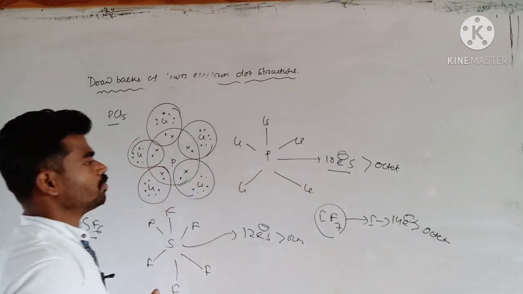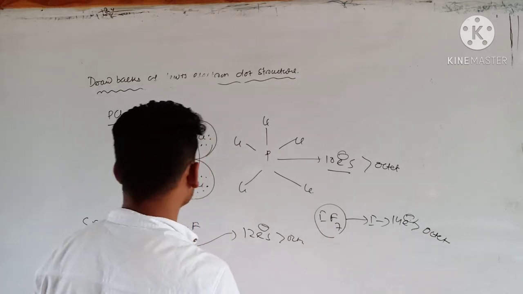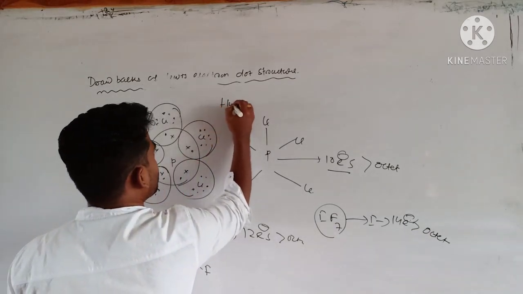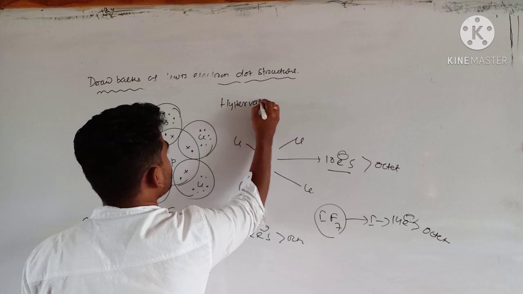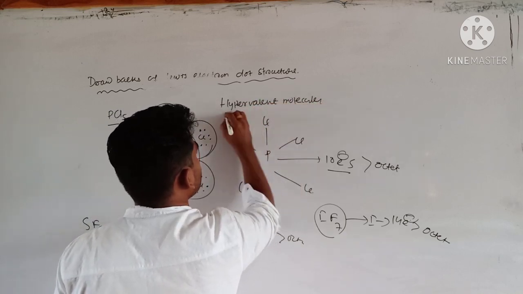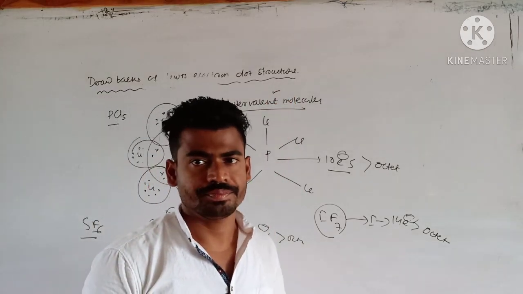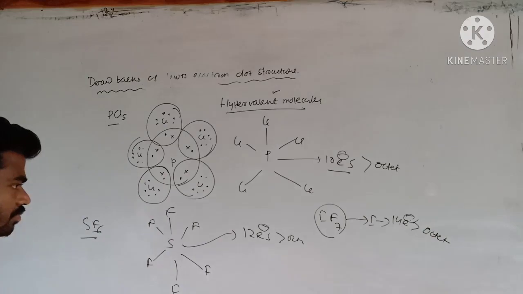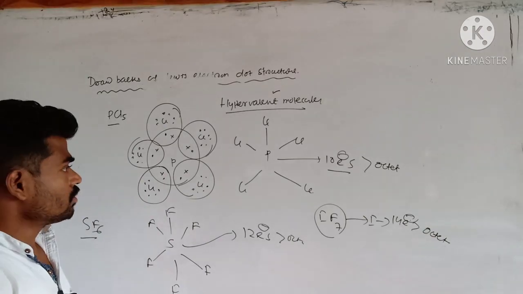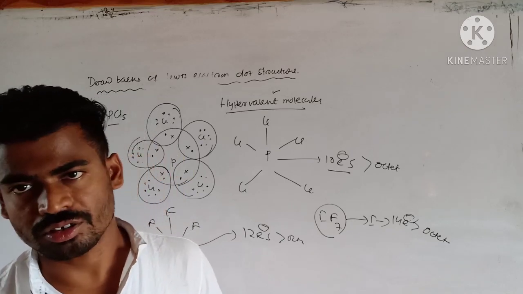So what about all these molecules? These are called hypervalent molecules, because their valency is above 8. Now, these are the demerits of the Lewis dot structure.